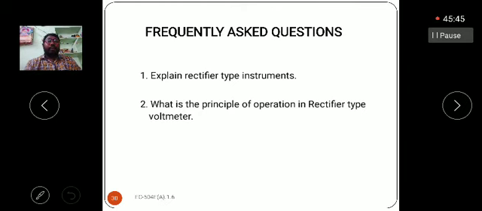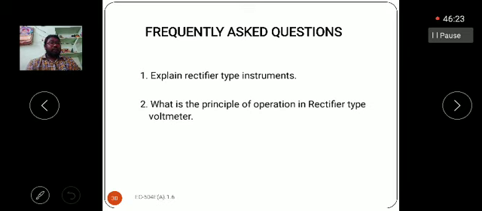In the rectifier type voltmeter, we have the classification of full wave rectifier type voltmeter and half wave rectifier type voltmeter, and we also have to explain the rectifier type ammeter. That means they ask a long question like explain the rectifier type instruments. We have to write the explanation about the voltmeter as well as the ammeter. What is the principle and operation of the rectifier type voltmeter?